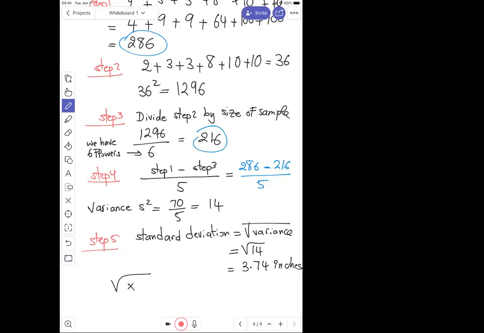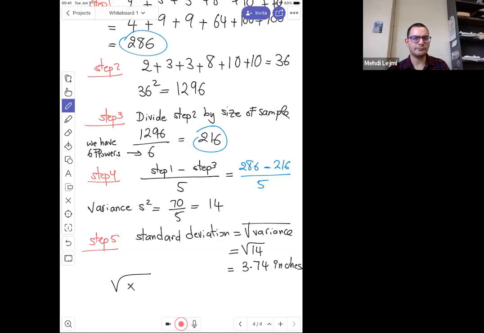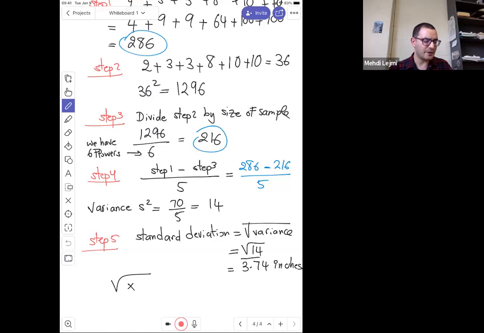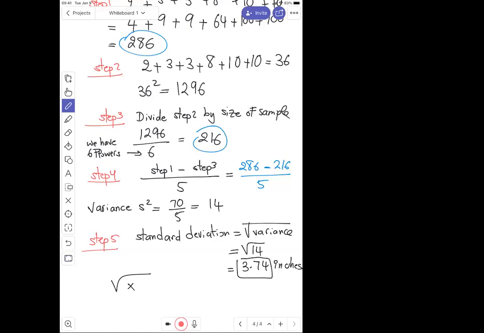So what do I put in? 3.74 square root? No. You put first the square root, and then you enter 14. But the answer is the 3.74. Yeah, I got it. Perfect.